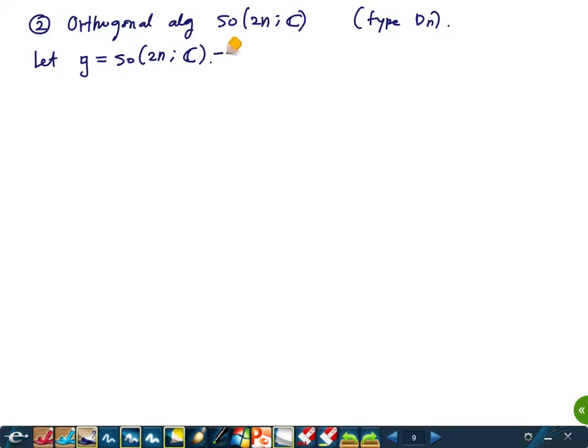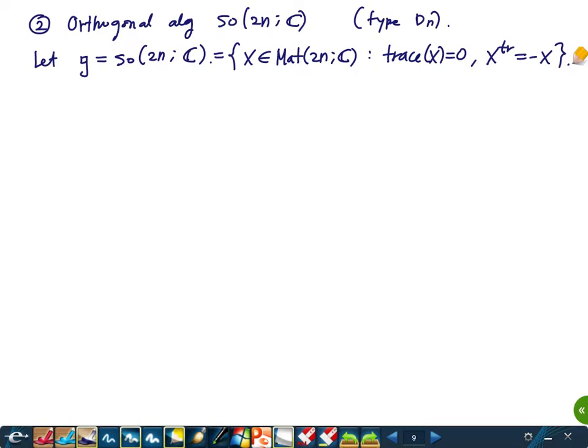And this, by definition, is the special orthogonal group. So it's the set of all 2n by 2n matrices, complex entries, trace 0. Orthogonal means X transpose is minus X. We want to have matrices like that.